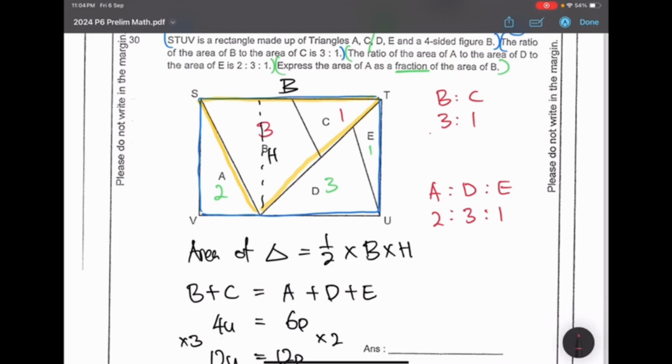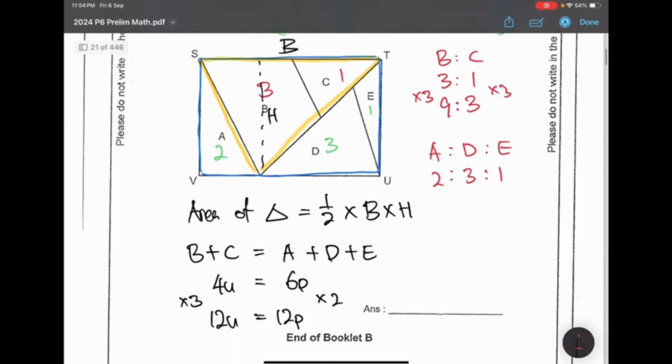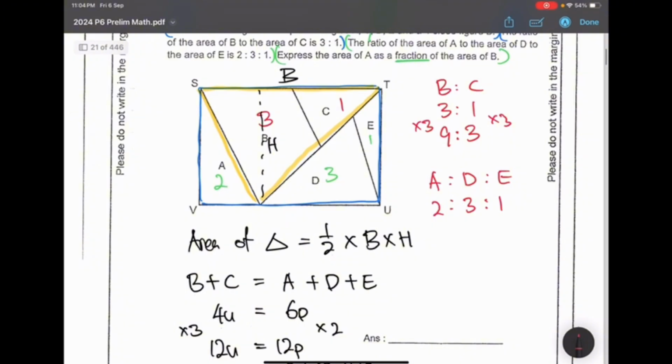So B and C, when I multiply by 3 on both sides, I get 9:3. And for A, D, and E, I'm going to multiply all of them by 2. And that will give me 4:6:2.